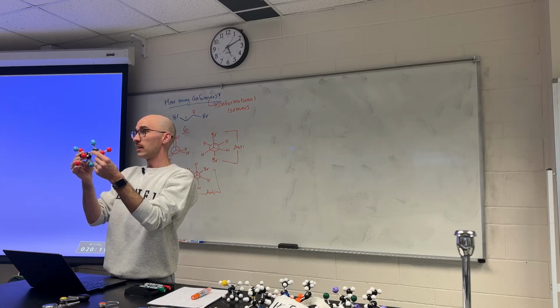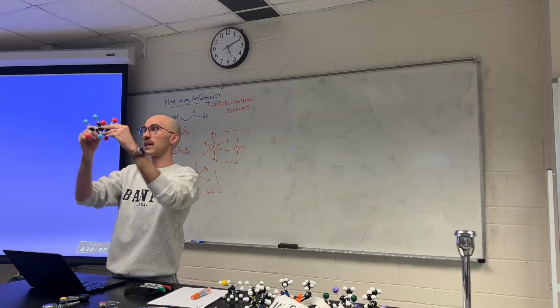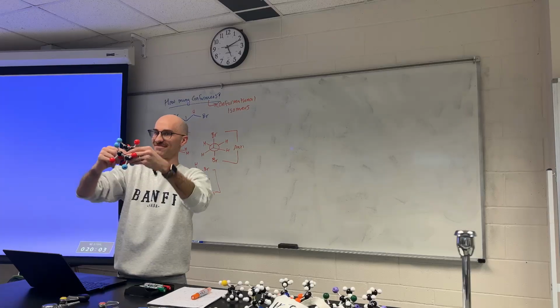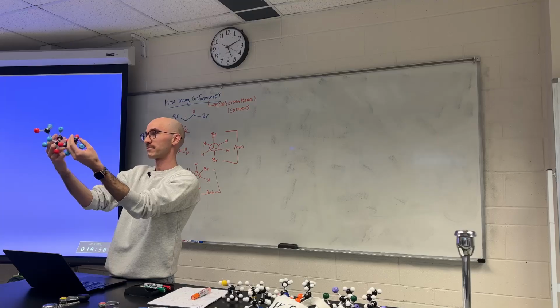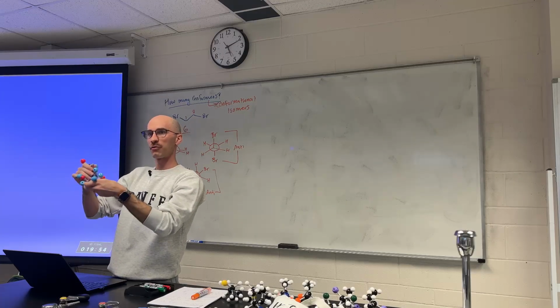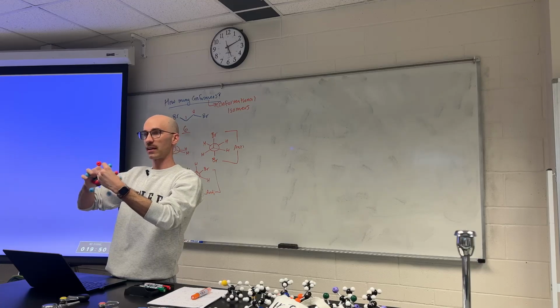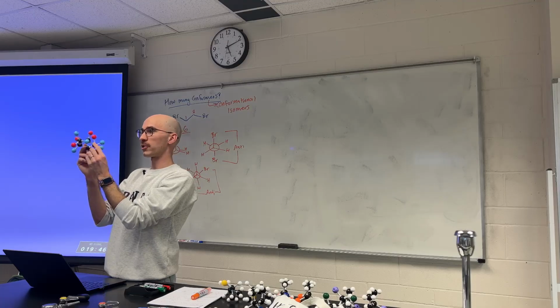No. Because with my linear structure, I was able to freely rotate continuously around my sigma bonds. Not having a very good time freely rotating around my sigma bonds anymore. Dang, broke my molecule apart. I don't have the freedom of rotation in a ring that I have in a chain. So I have fewer chair conformations.